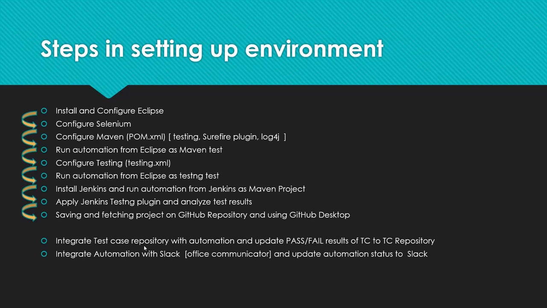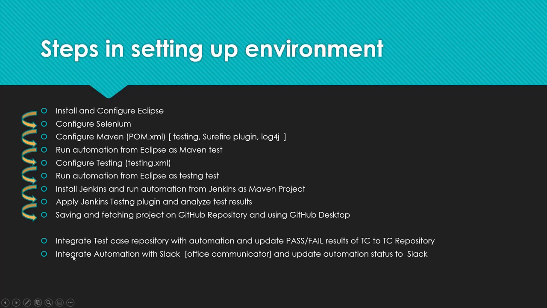What I mean to say is that when I run my automation from Eclipse, say for example I'm running 10 test cases, 5 pass and 5 fail. As per the result of the test cases, my test case repository should be updated. Whatever test case repository I am using will automatically update as per the result of my automation. I haven't covered this, but that can be done.